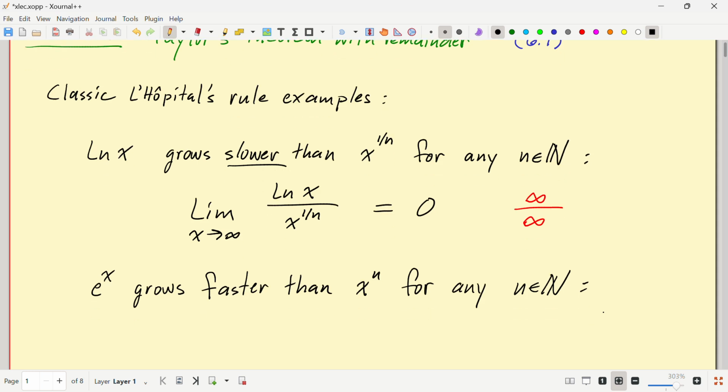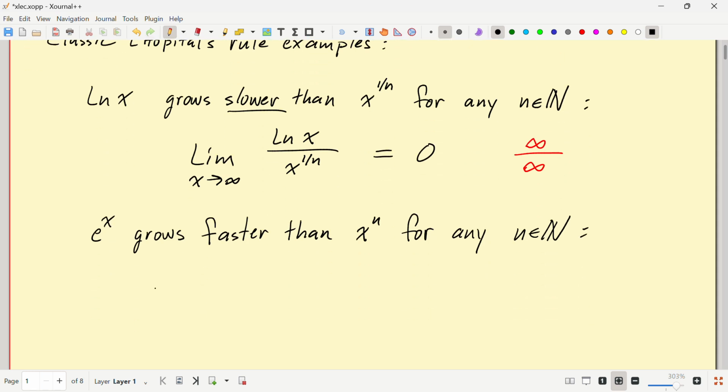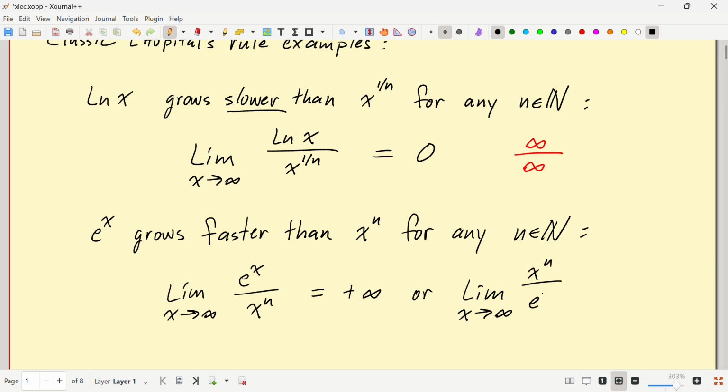And that's going to mean that if e to the x grows faster, then one way to express that would be the limit as x goes to infinity of, I could put the e to the x on top, e to the x over x to the n is plus infinity. Or another way to say the same thing is that the limit as x goes to infinity of x to the n over e to the x is 0.